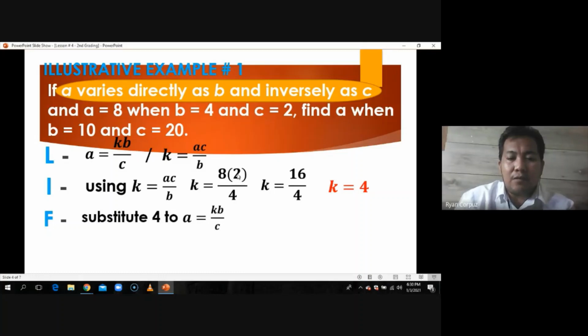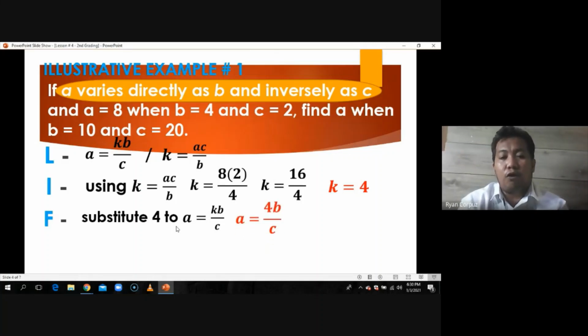That's the value of K, 4, is to be substituted on the first form equation A is equal to KB over C. So if we're going to do that, we come up with A is equal to 4B over C.